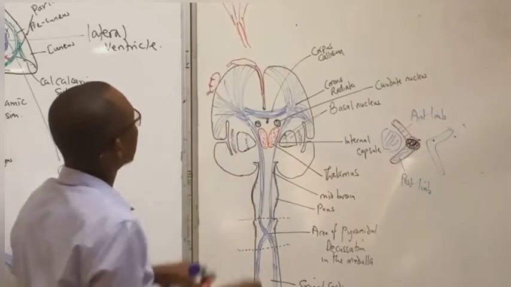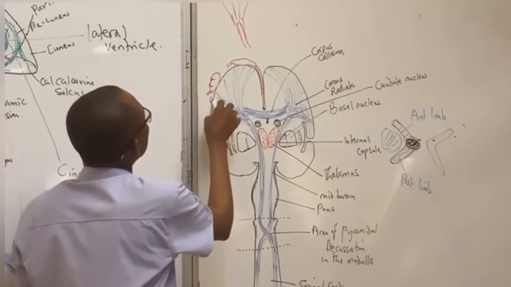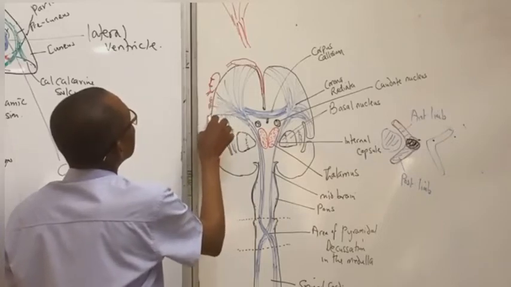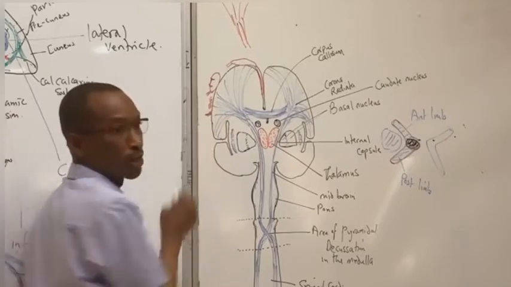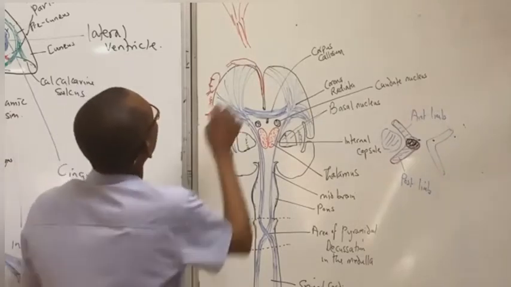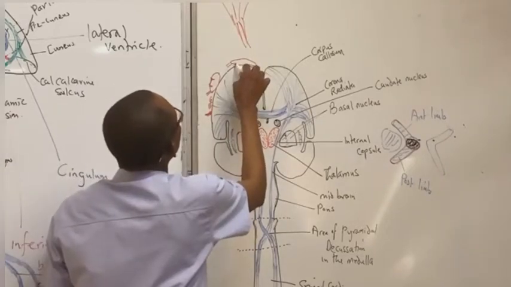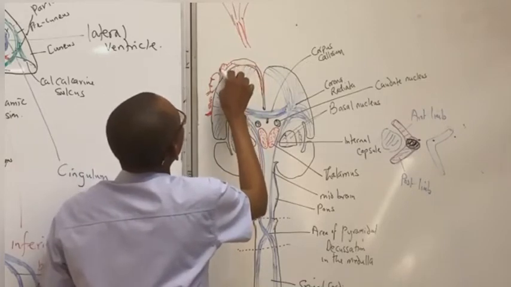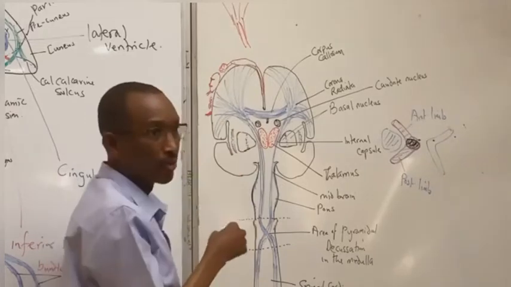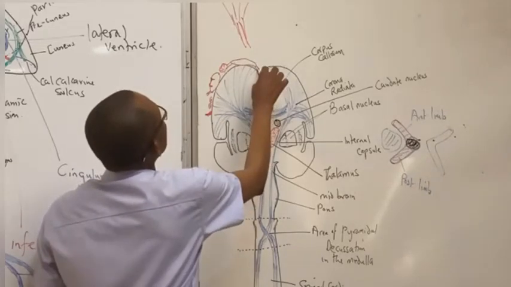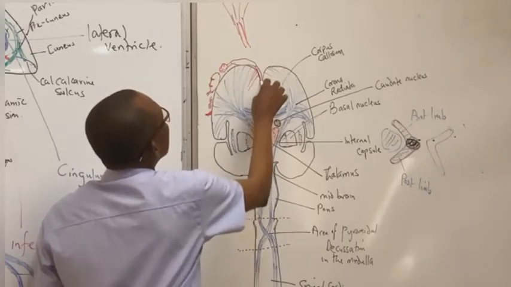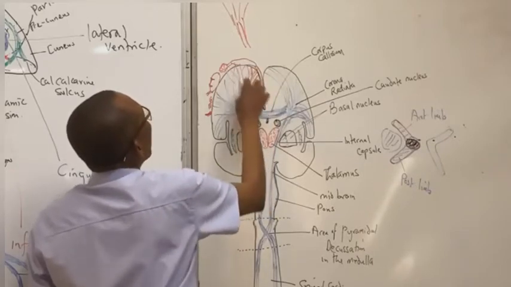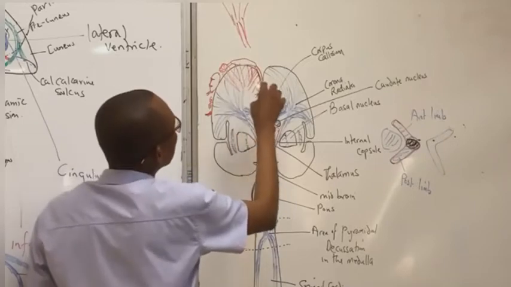This is the face, right? And this is the larynx, pharynx, and the tongue, right? Good. Now we have the hand here, and the upper limb. So all these fibers coming from the lower limb, from the trunk, from the upper limb and the hand. Are you clear?